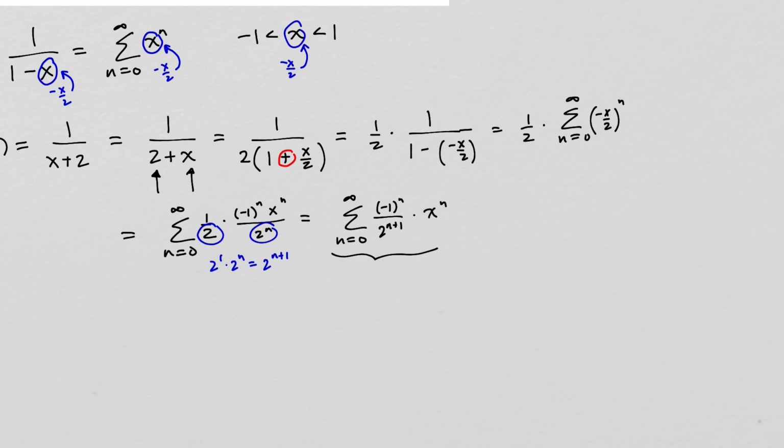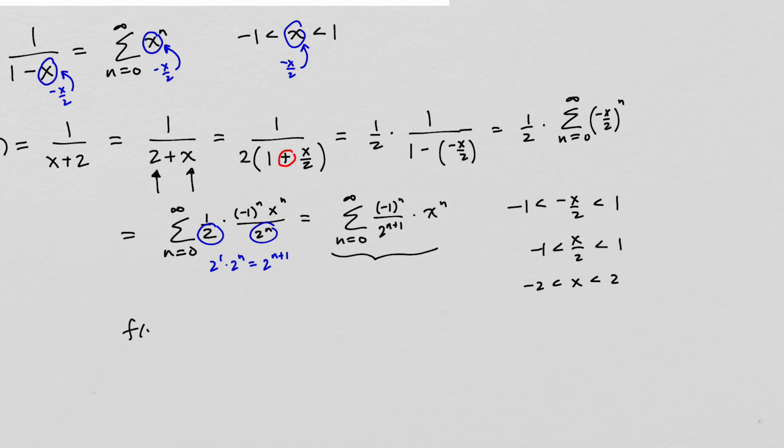Well, again, to figure this out, we're just going to take negative x over 2 and replace x here. So in doing that, we will have negative 1 less than negative x over 2 less than 1. Well, this means that x over 2 would have to be in between negative 1 and positive 1. And then if I just multiply everything by 2, you'll see that we get a slightly different interval of convergence here.